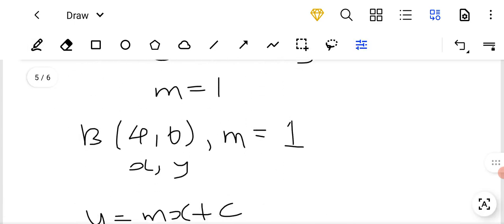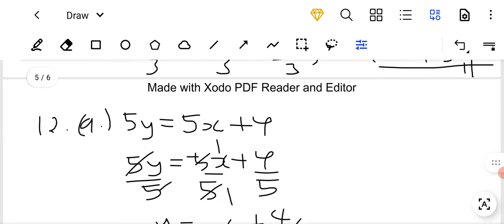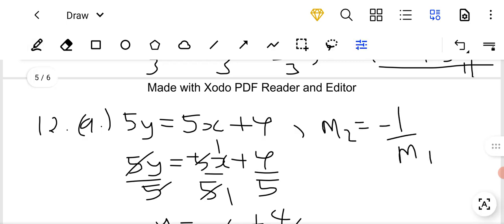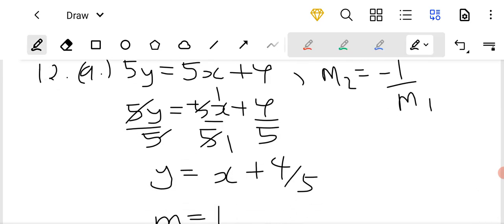And then to continue, you already know that your m1 is negative 1 over 2. m2 is equal to negative 1 divided by m1. Or you can say m1 times m2 gives you negative 1. So I'm going to say m2 is equal to negative 1 divided by m1, negative 1 over 2.